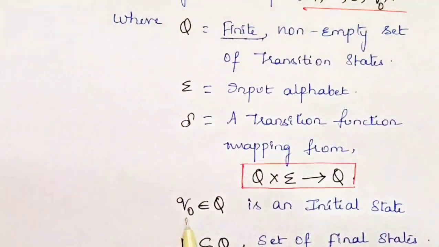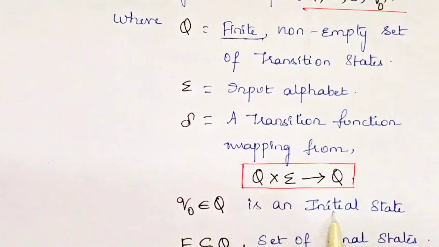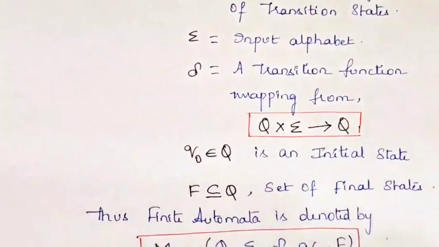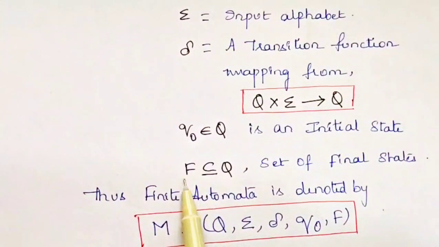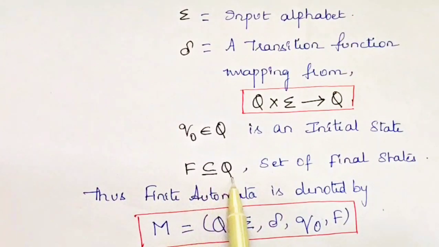And the next element of a finite automata is Q0. Q0 is an initial state where the machine will be ready to process an input string. And the next element is the final state denoted with a capital F. Here we indicate that F is a subset or equal to capital Q. It means that in the finite state machine, depending upon the inputs that we are processing, there can possibly be one or more final states which belong to the set of transition states.